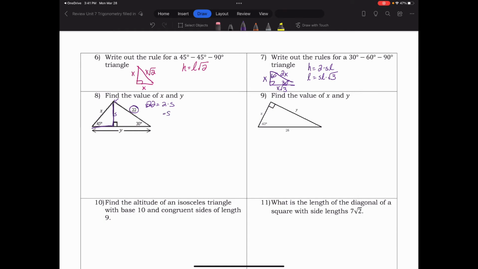So my short leg has to be 11, and I know my long leg here is always equal to my short leg times radical 3, so my long leg there is going to be 11 radical 3, at least for that part.